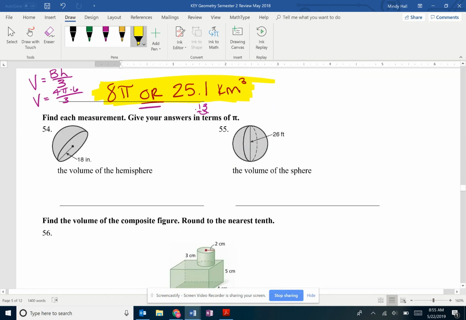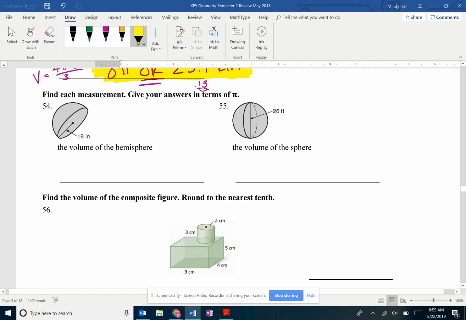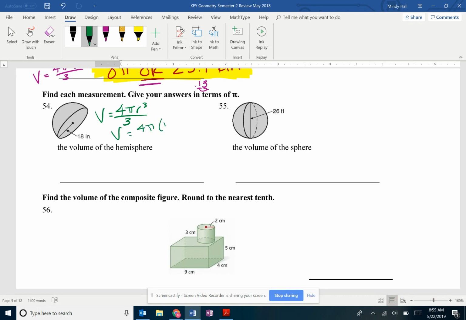So for 54, we are finding the volume of a hemisphere. So if you have your formula sheet handy, you will know that it is 4 pi r cubed divided by 3 to find this volume. So we are going to do 4 times pi times 18 cubed, because that is our radius, over 3.